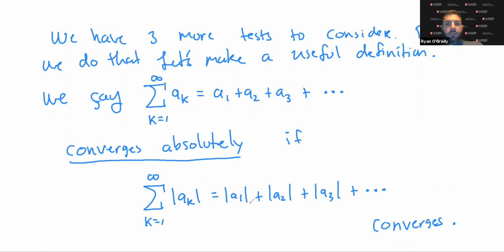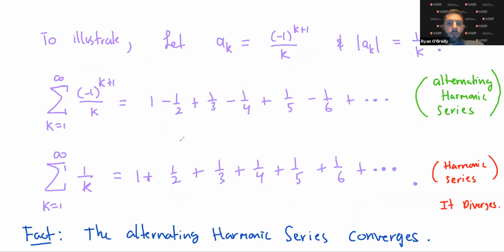If I take the absolute values of its terms and they converge, then I say that the original series converges absolutely. Now, what happens at this point in the semester is most students don't see the need for having two different scenarios. Well, the point of me showing you this is that here's an example where it matters. This series converges. This one doesn't.